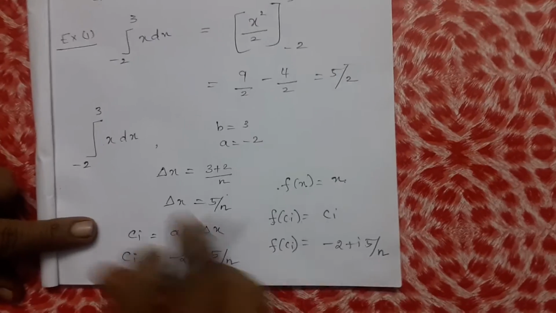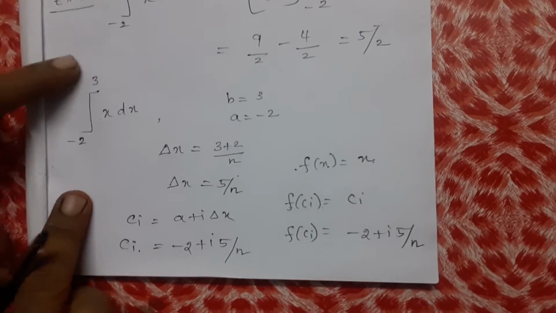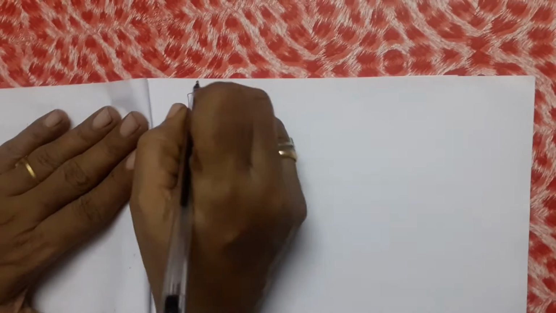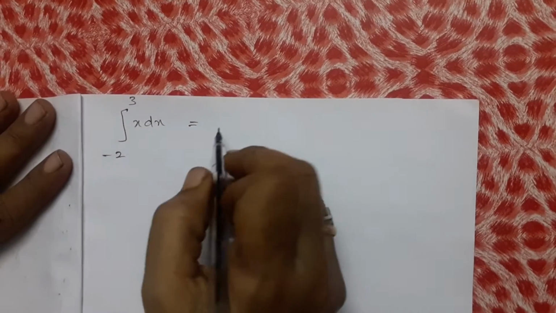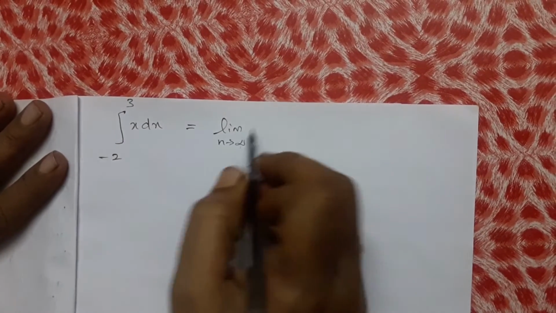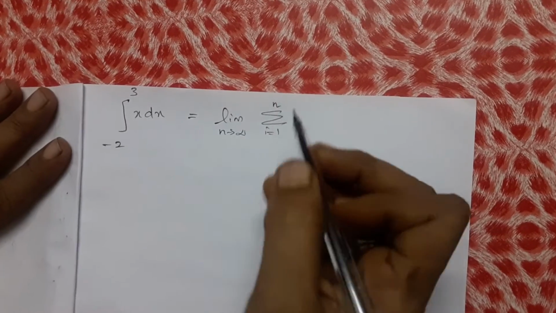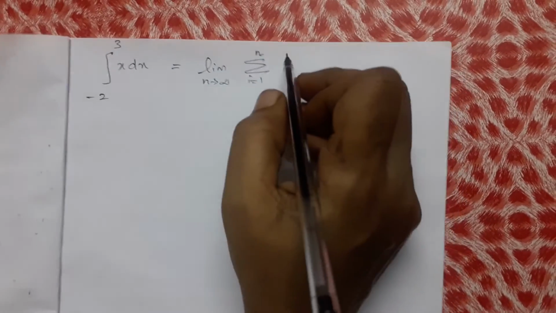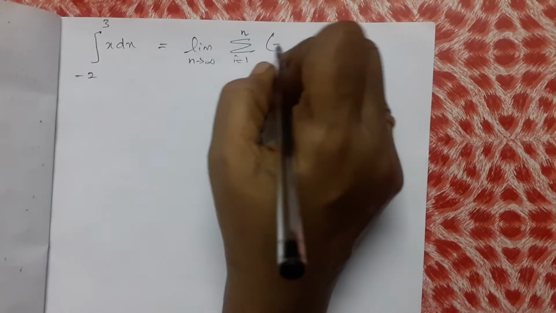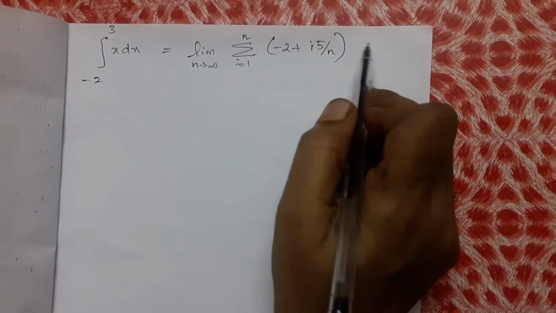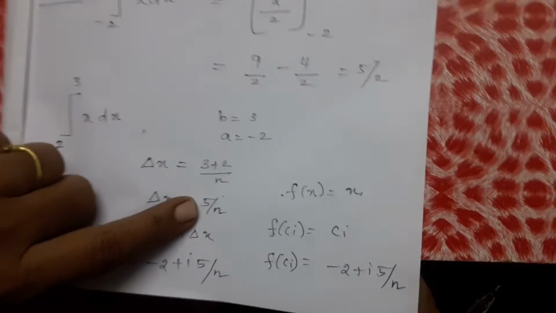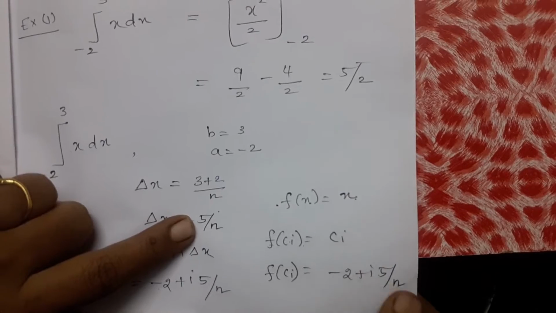With all this information, we calculate the integral from minus 2 to 3 of x dx using the limit definition: limit n tends to infinity, summation i equal to 1 to n of f of ci times delta x. We calculated f of ci as minus 2 plus i 5 by n, and delta x is 5 by n.